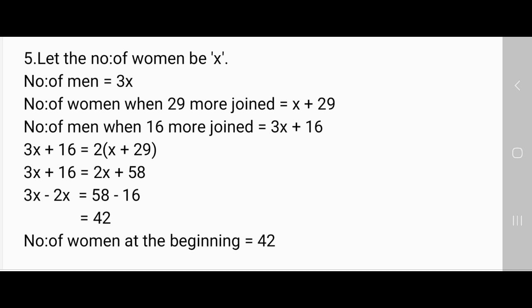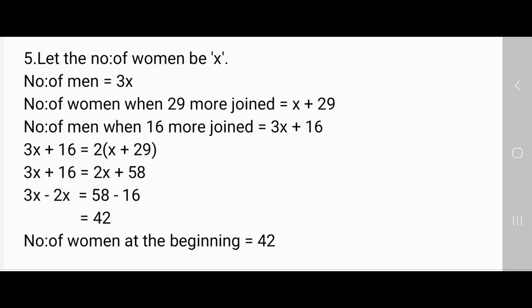Number of men when 16 more joined is equal to 3x plus 16. Then number of men is double the number of women, that means 2 times x plus 29, that is 3x plus 16 is equal to 2 into x plus 29.